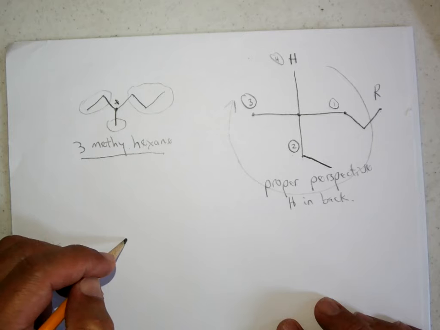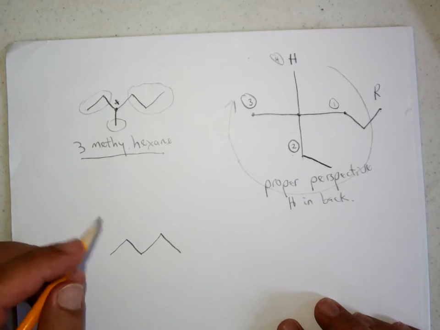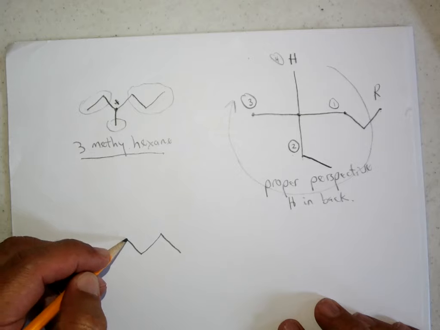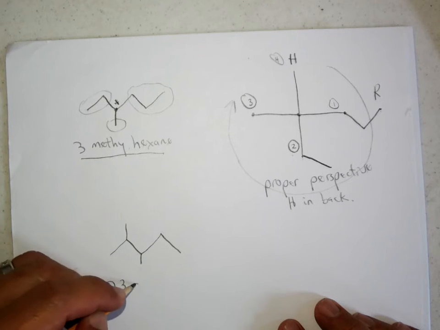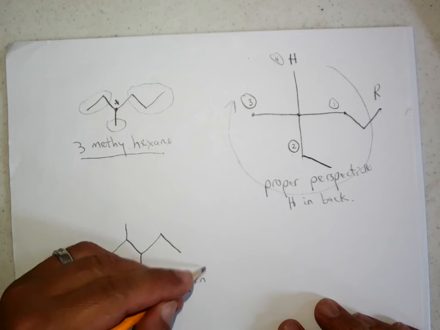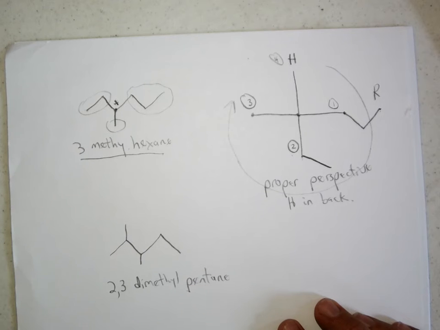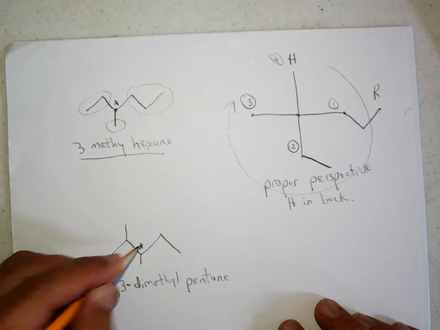One of the other chiral ones, and it might be the only other one, I forget whether there's 2 or 3, but if you do a 2,3-dimethylpentane instead, then the 3rd carbon is again chiral.